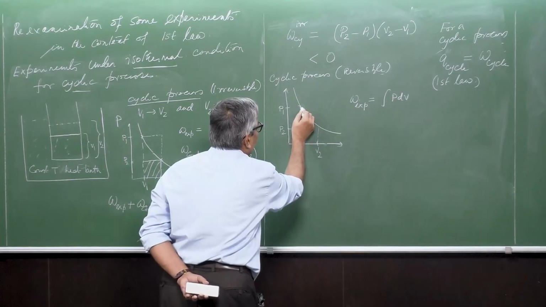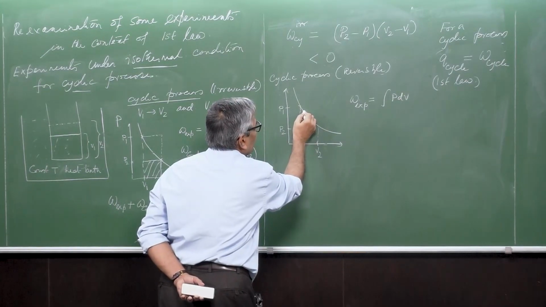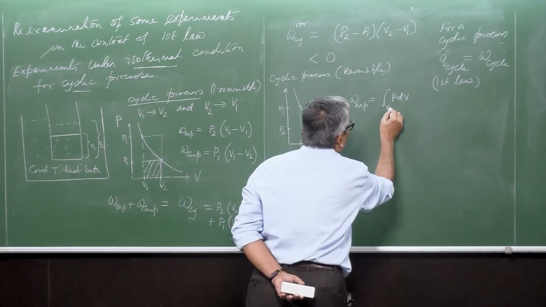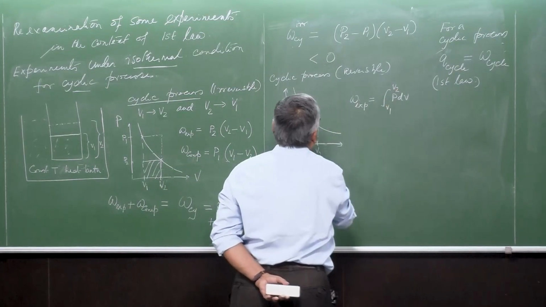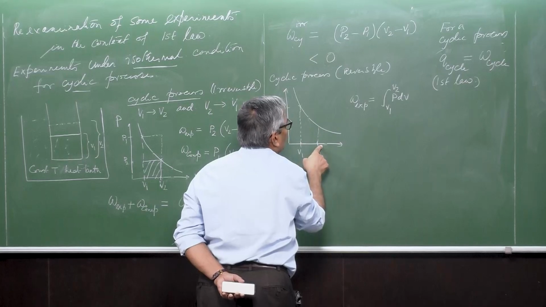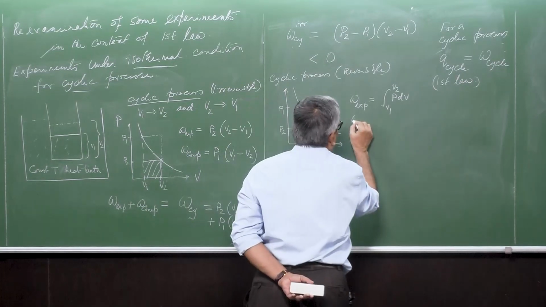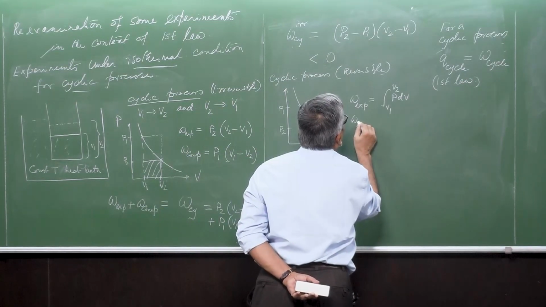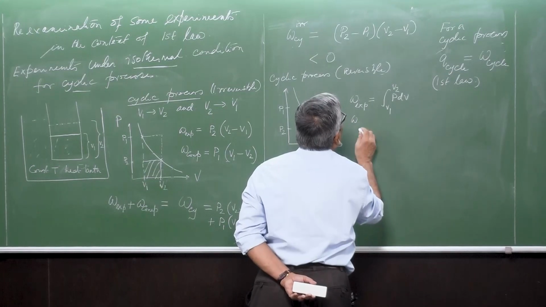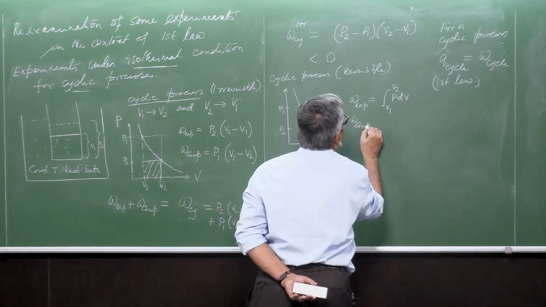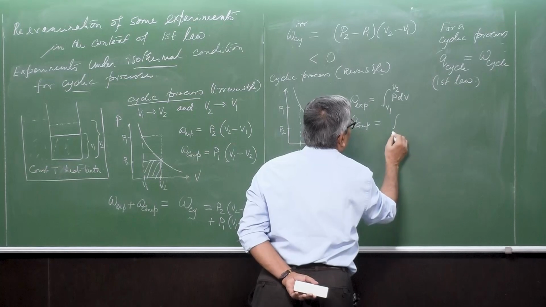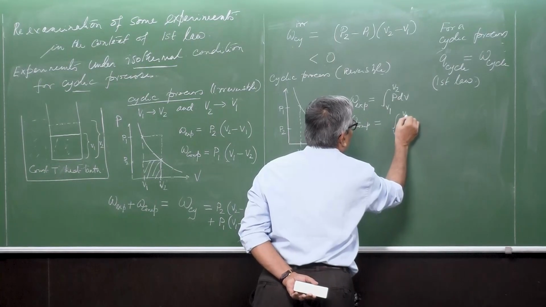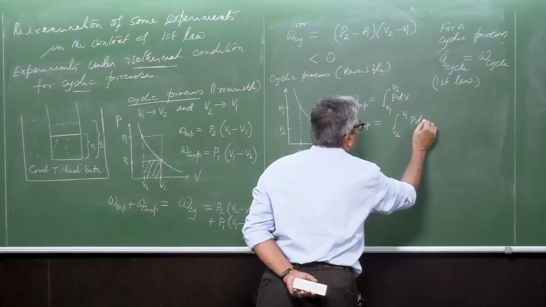PdV means that at each step I change the pressure in going from V1 to V2 for the forward process, and for W compression, that is V2 to V1, PdV.